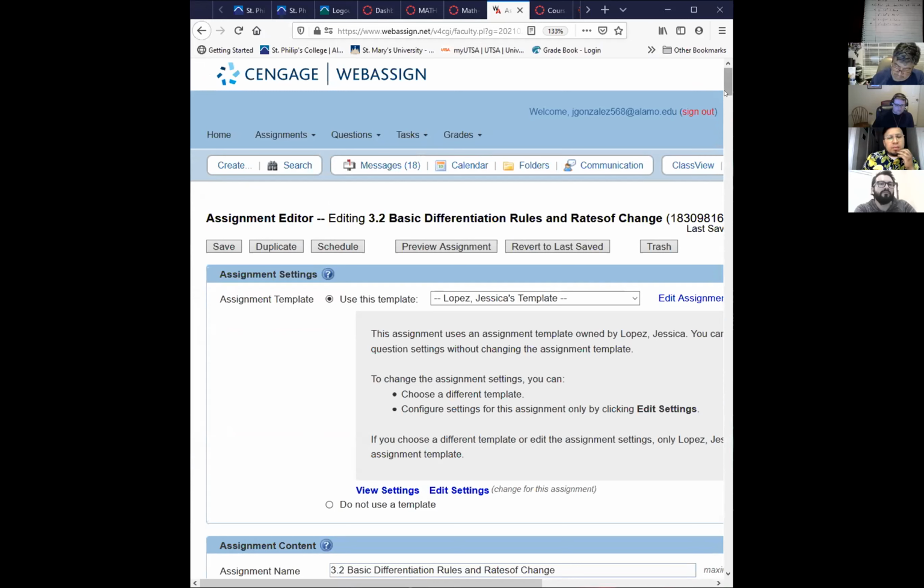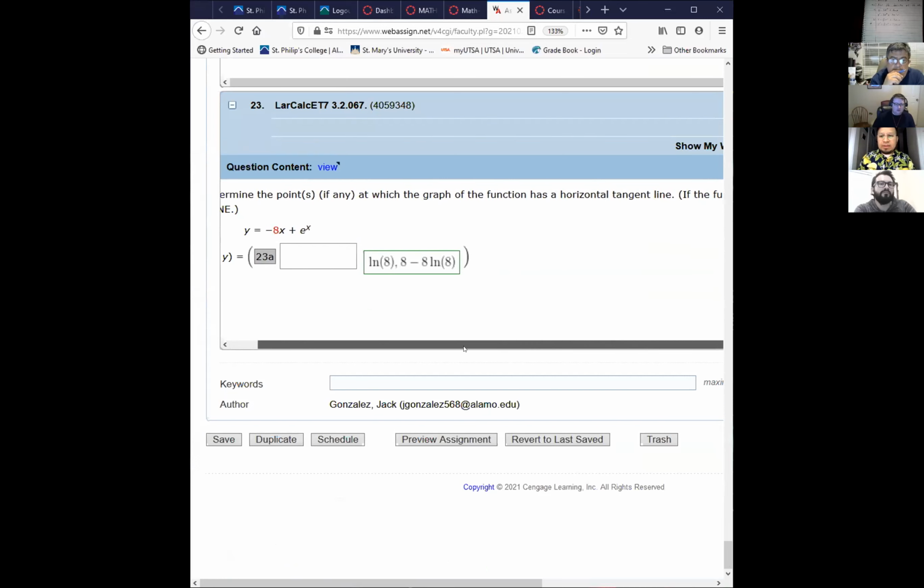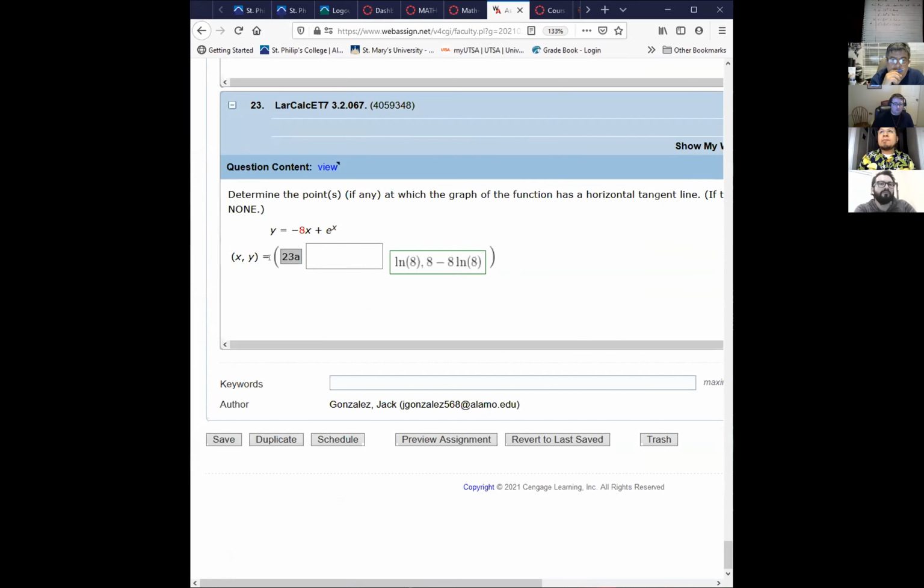On 23 on 3.2. That's the last one I can do. Okay. Determine if the points, if any, at which the graph of the function has horizontal tangent lines. We talked about how the derivative as a function gives you slopes if you plug in values, right? Remember how we said that?